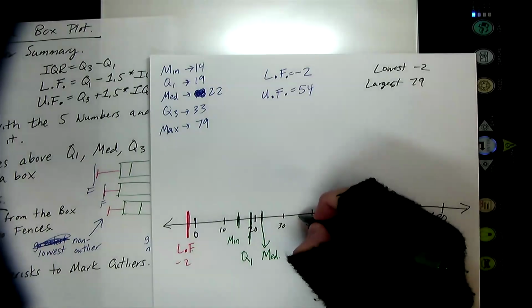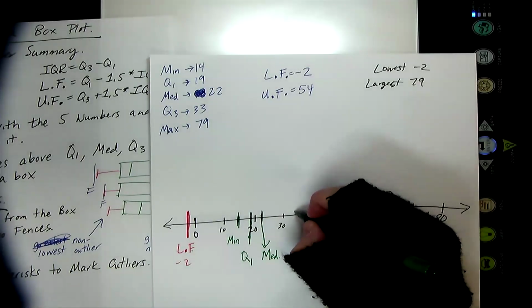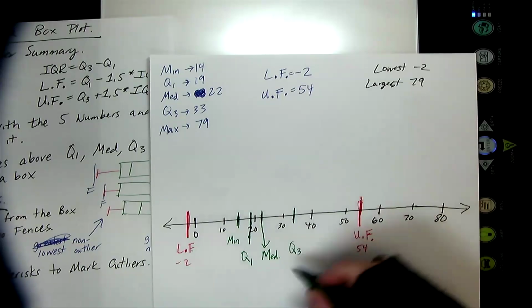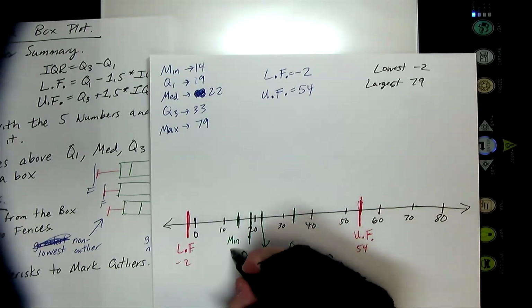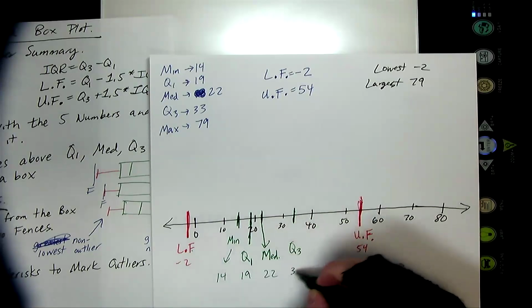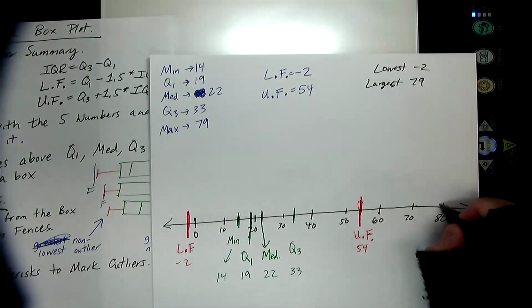Q3 is closer to 30 than 40. Q3 is about there. So I've got 14, 19, 22, 33, and my max is way over here.